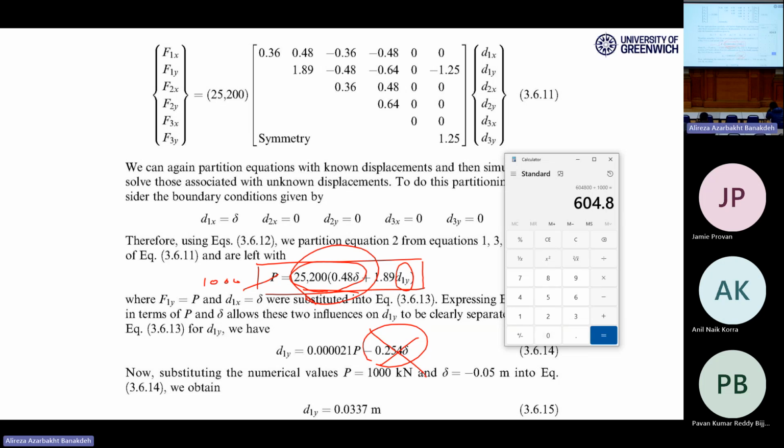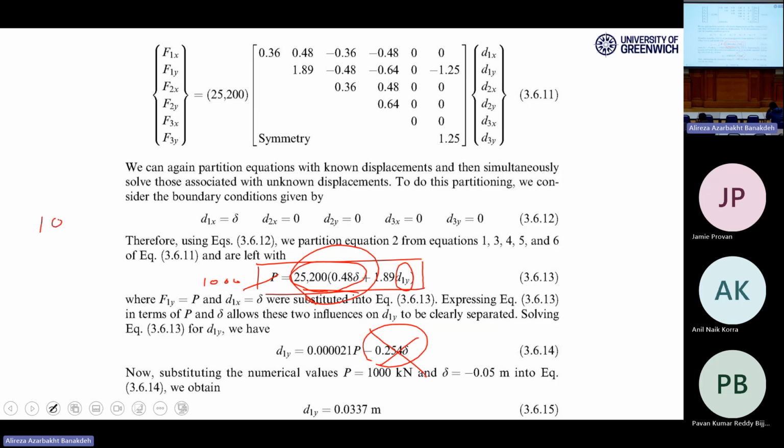So it's 604 kilonewton. So that was 1,000, this is 600. They are comparable, right? So this is positive 600. It goes to the left-hand side and will be 1,000 minus 600 for something equal to something delta 1y, right?